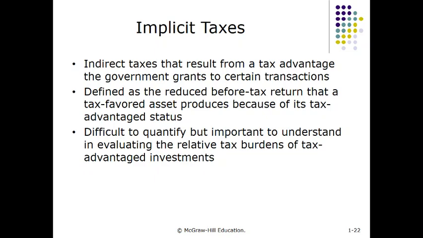Make sure you look at that and understand the difference between Coca-Cola's bond, which is a corporate bond, thus taxable, and the state of Georgia bond, which is non-taxable, and why a potential investor might prefer one over the other.